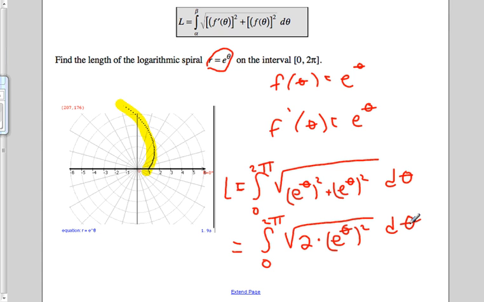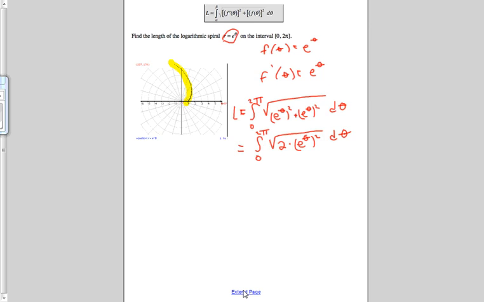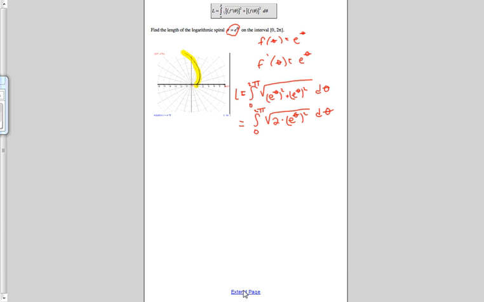Well, this actually integrates quite easily because of the nature of the e to the theta. So when we do this integration, we can separate it. So we have the square root of 2 times the square root of e to the theta squared d theta.